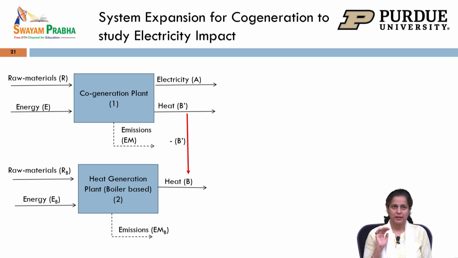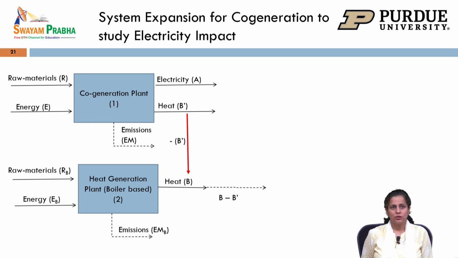So, we will be estimating how much of the impact in raw materials and energy and emission from the boiler-based heat generation plant is happening for B prime amount of heat, and that amount will be credited to electricity A. So, actual impact for electricity A will be R minus RB, E minus EB, and emissions will be EM minus EMB.